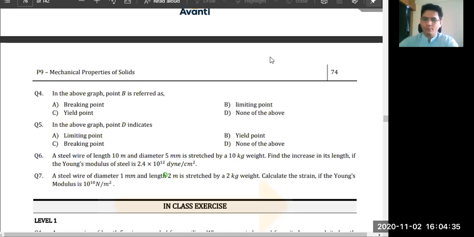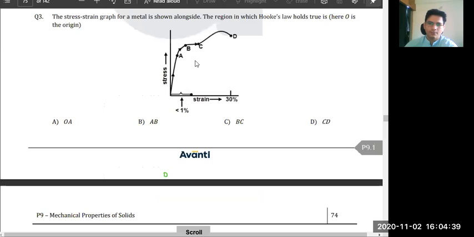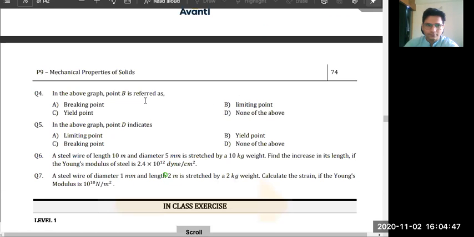In the above graph, the point B refers to, now in the same graph, right? This graph, point B is which point? Tell me. We have studied this. Point B. See, this is point B, right? Okay. So this is called breaking point, limiting point, yield point, none of the above. Tell me. Yes.